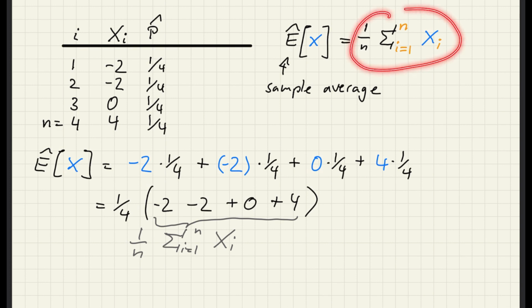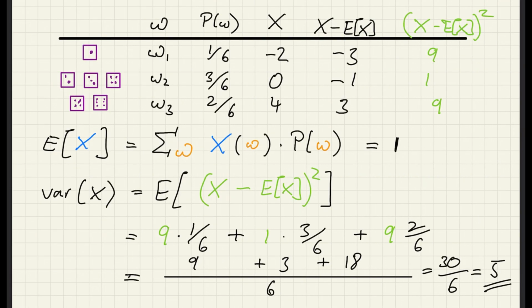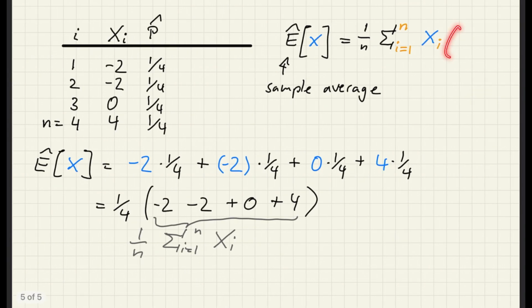This will be like the standard formula that you find on Wikipedia. It's mathematically more natural, but it obfuscates the similarity of the sample average and the expectation. You remember for the expectation we had the weight here, and now we just move the weight from here up here in front of the sum.